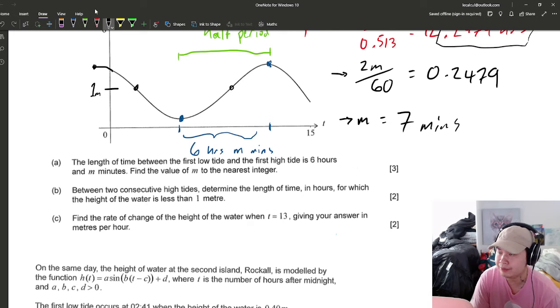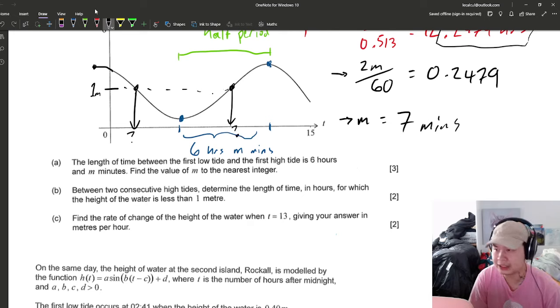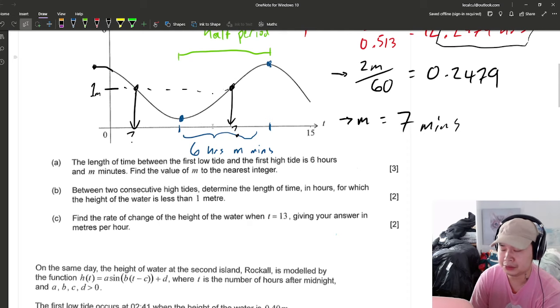The time that it's under 1 meter would be this length of time here, from here to here. So we are going to find out when the tide is 1 meter, and then when's the next time it's 1 meter, and then we just subtract the two.